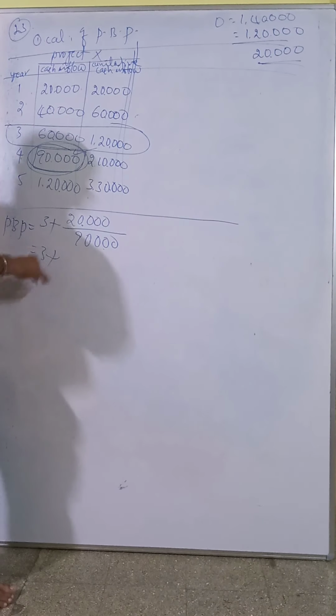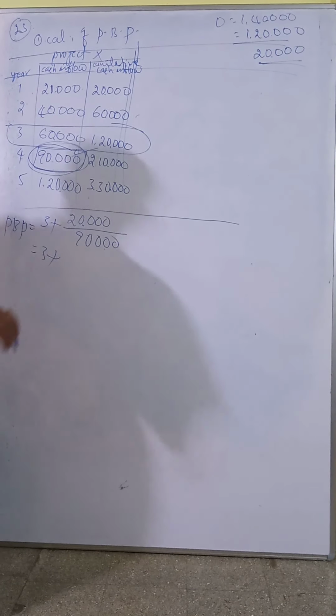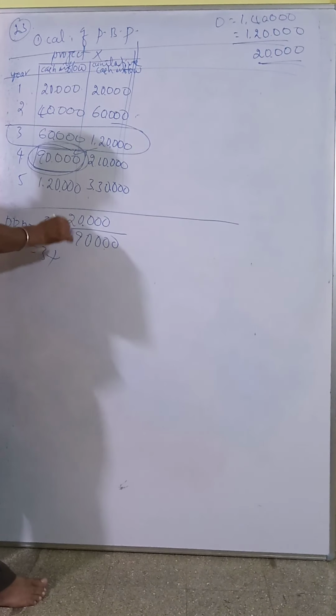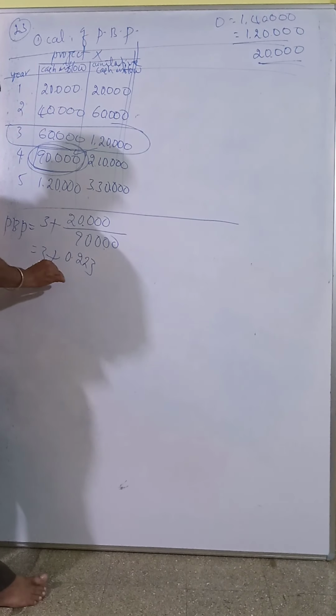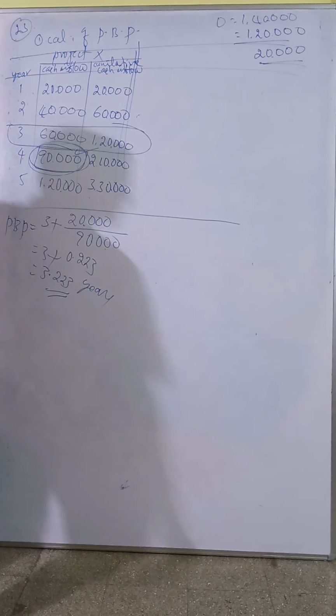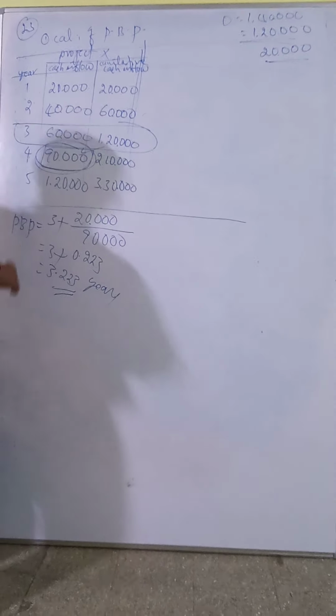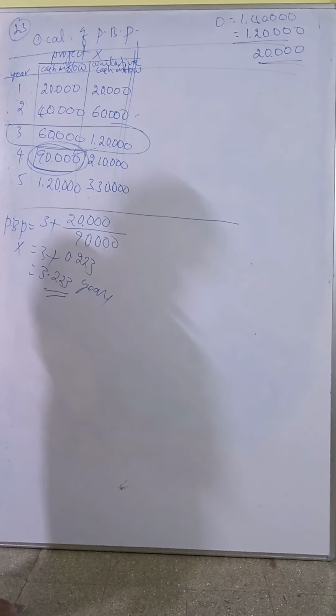So 3 years plus 20,000 divided by 90,000, which is approximately 3.223 years. This is the payback period of project X.